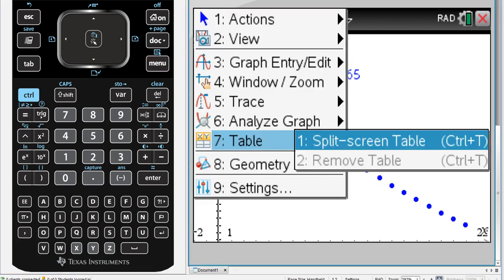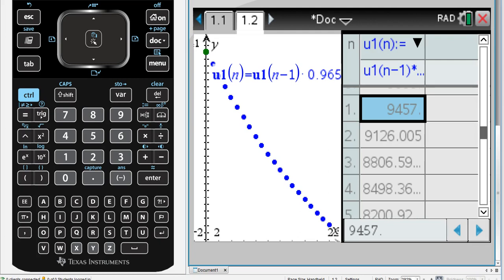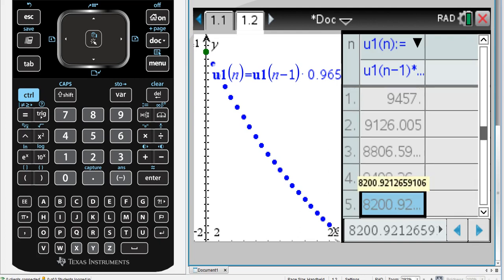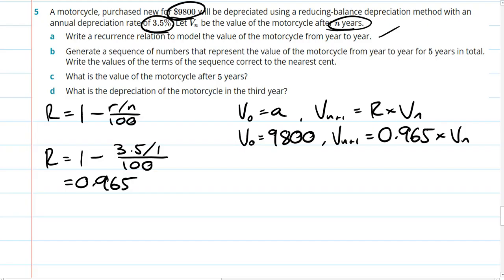If I have a look at the table, first 5 years: 9457, 9126.01 when I round, 8806.59, 8498.36, and 8200.92 is how I would do that. So no problems there.